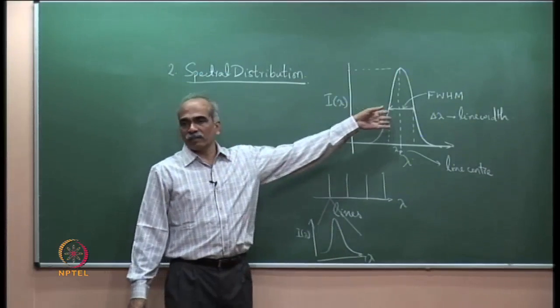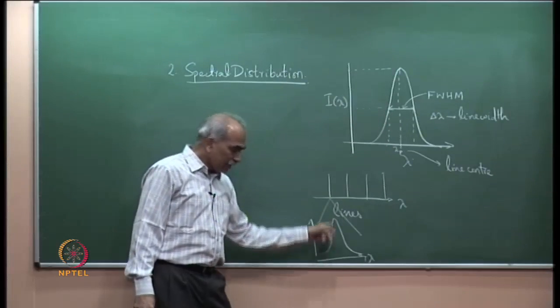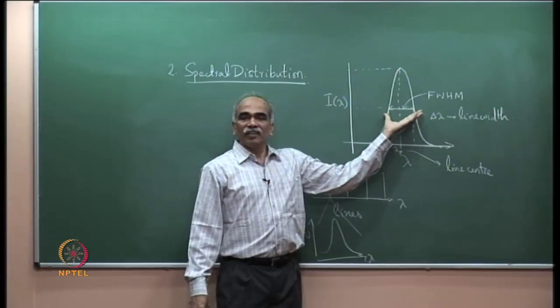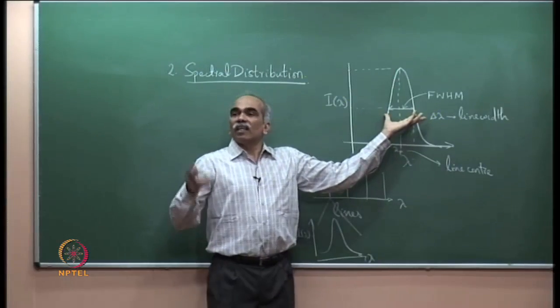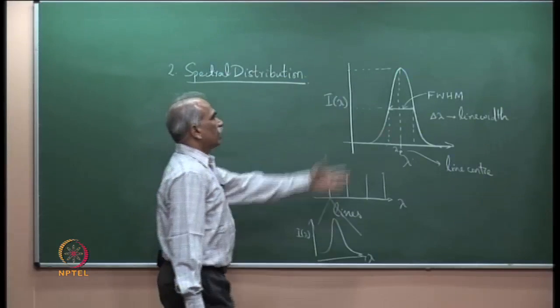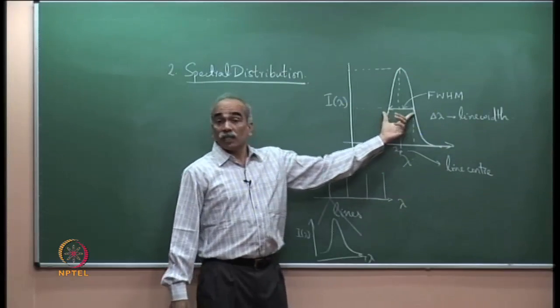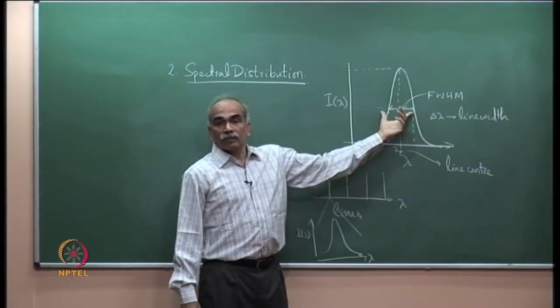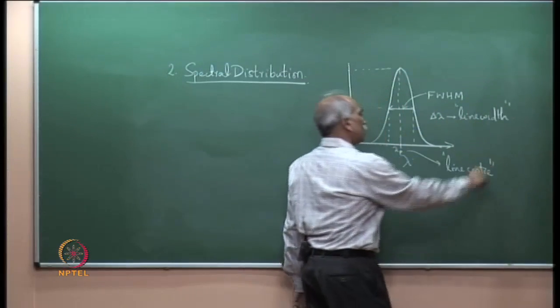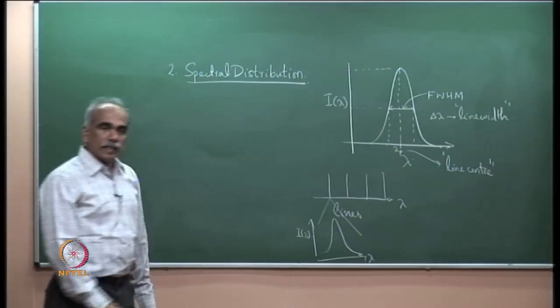This is what I have plotted. The center of that line is called the line center. So this intensity distribution is a line expanded on the wavelength scale, and this is the line center and this is the line width. This is the reason why you use these terminologies, line width and line center.